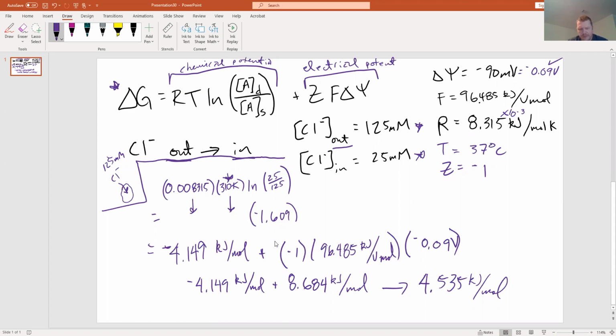So this is a transport event that is unfavorable largely as a result of the electrical potential. The electrical potential is a positive value. Hence, it's going to deflect that ion, or resist that ion moving in.